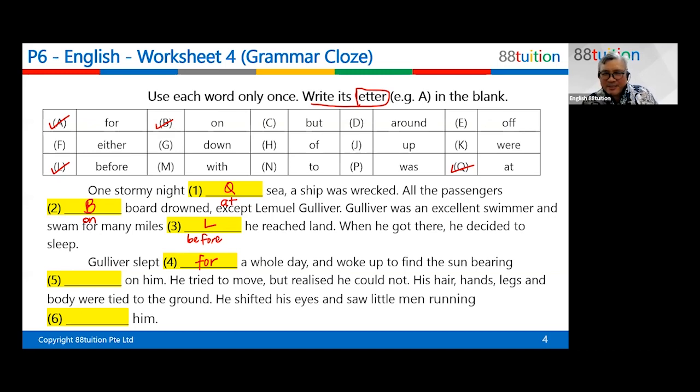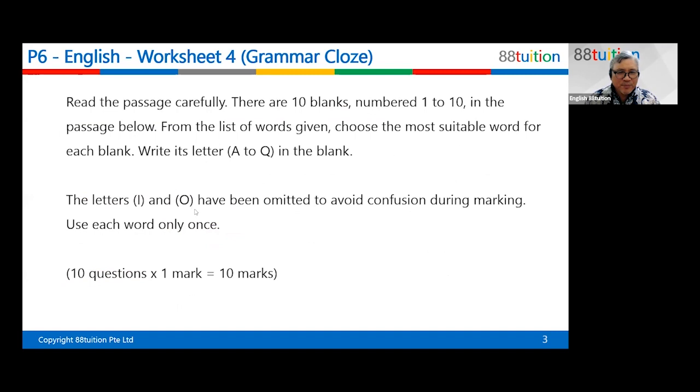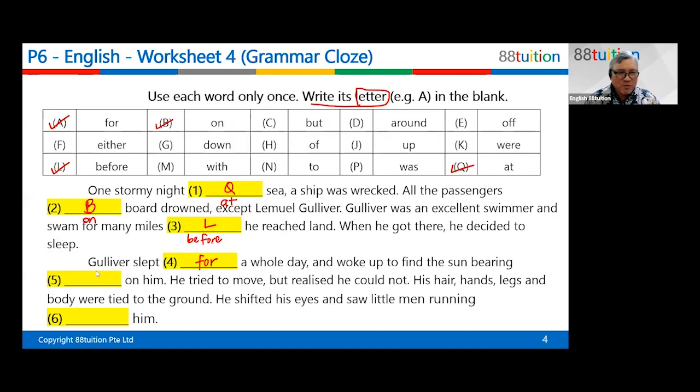I have 6 people. 7, great. 5, 4, 3, 2, 1. And most of you actually chose G. Right? Most of you chose G. And G is down, bearing down, and that is correct.